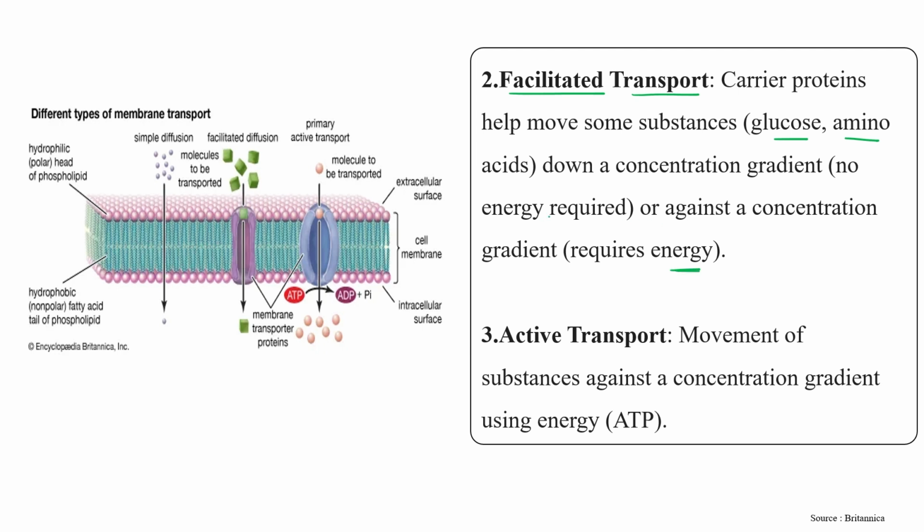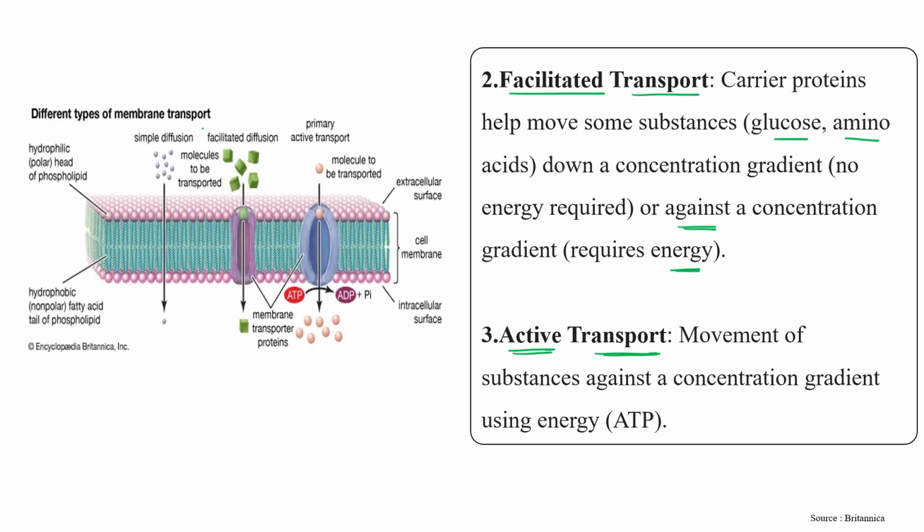So if it is down the concentration gradient, then there is no energy required. If absorption occurs against the concentration gradient, then it requires energy. For some molecules, active transport is also involved. If movement of a substance occurs against the concentration gradient, that time it uses energy, means ATP.